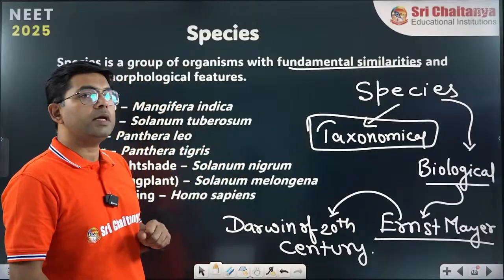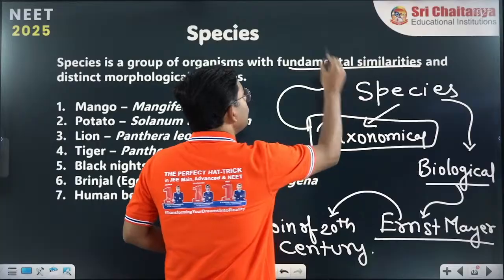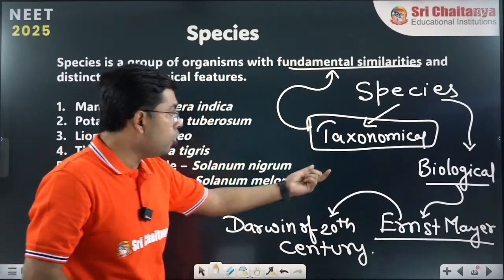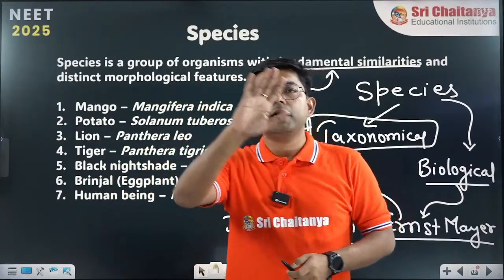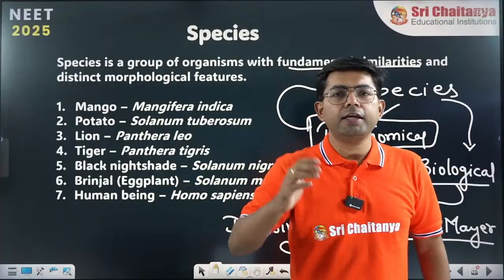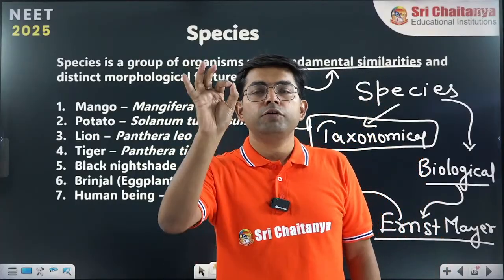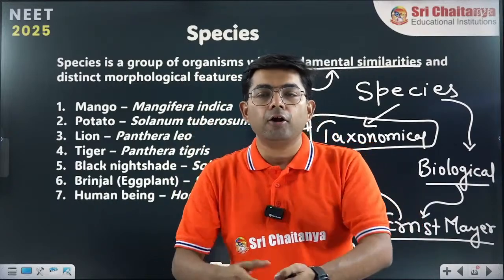So the taxonomical concept of species is based on the fundamental similarity of character. If I ask you to define a species, you will simply say that organisms which can interbreed with each other to produce fertile offspring.